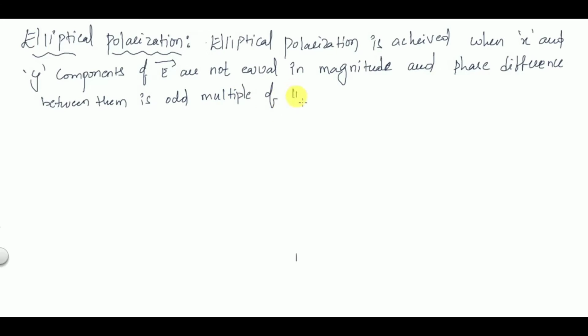So if the magnitudes are not equal and the phase difference between them is an odd multiple of pi by 2, then it is called elliptical polarization.